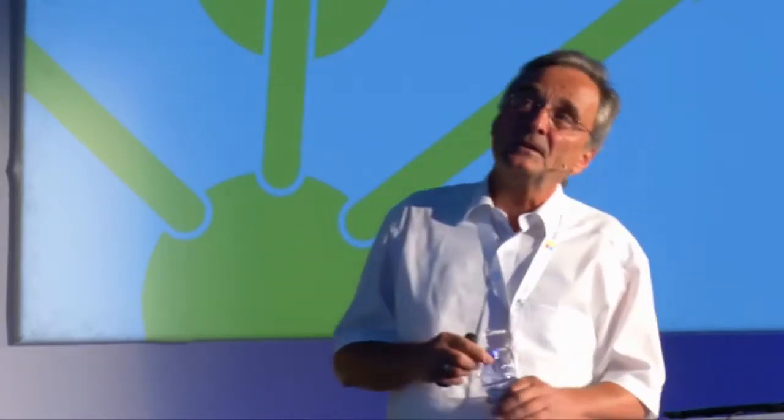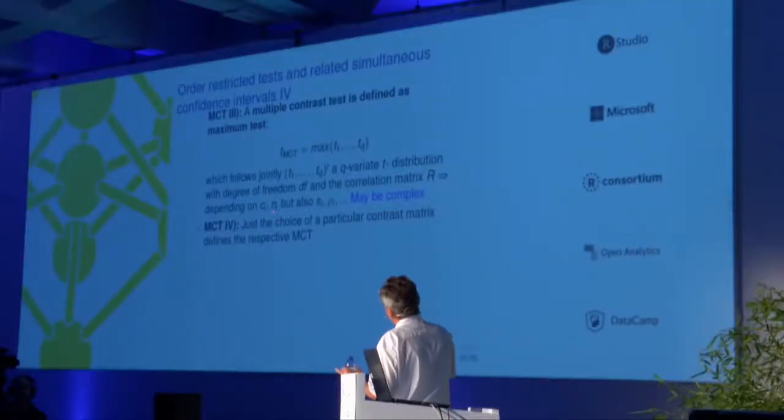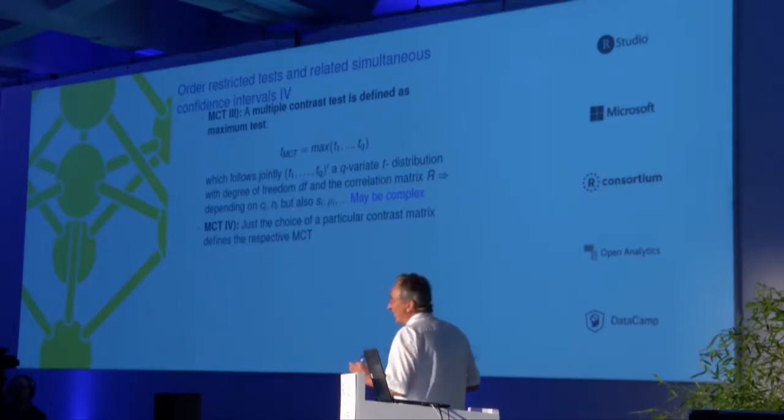But important is that these univariate test statistics follow jointly a Q-variate t-distribution, Q being the number of included tests, with a common degree of freedom, our well-known degree of freedom of the ANOVA, and a correlation matrix R. And this correlation matrix R depends, in simple cases, only on the contrast coefficients c_i and the sample sizes n_i, but in real problems also on many other estimators.